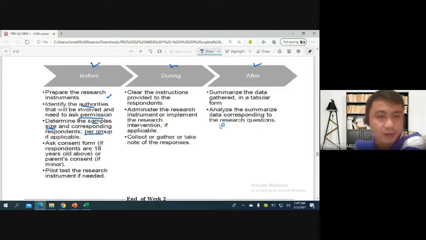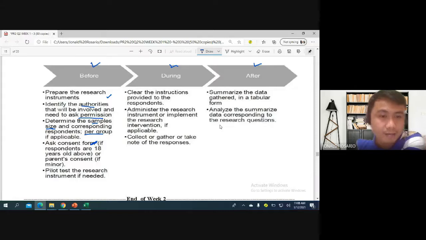Consent form, if respondents are 18 years old and above, or parents' consent if minor. Okay, so huwag kakalimutan daw ito. I-state nyo rin sa procedure. Pagka 18 years old and above, so may consent form dapat silang i-fill up. Pipirma sila.